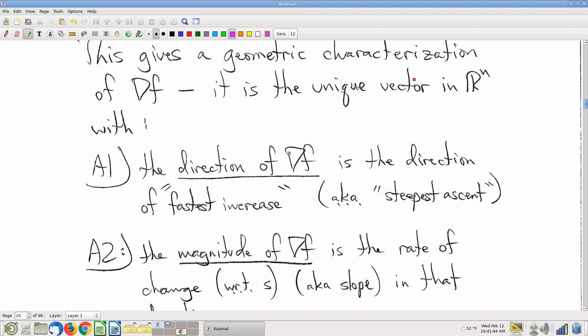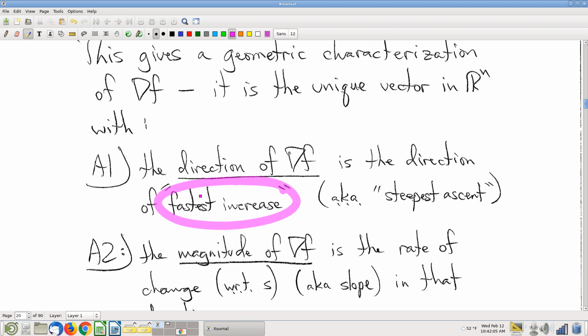Okay, a little bit of terminology. Direction of fastest increase. I think it's a very simple and natural terminology to motivate, right? That's, after all, what it is. It's the direction in which the function is increasing the fastest. That's how we thought of it, right? But people have this attachment to graphs.